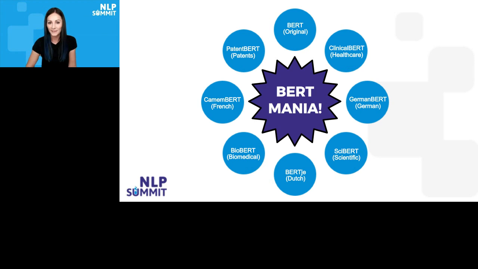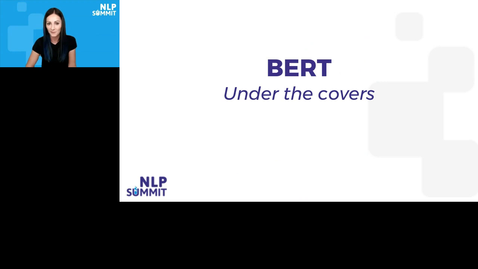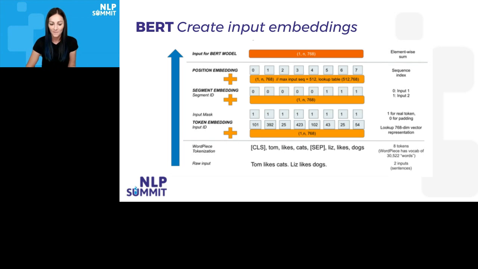So let's have a quick look at how BERT works under the covers before we start visualizing. So the first step is really creating those BERT embeddings. And here you can see the flow starting from the bottom up. So at the bottom, you see the raw input, which is, for example, two sentences. Tom likes cats, Liz likes dogs. And the first step is then to tokenize, if you remember.